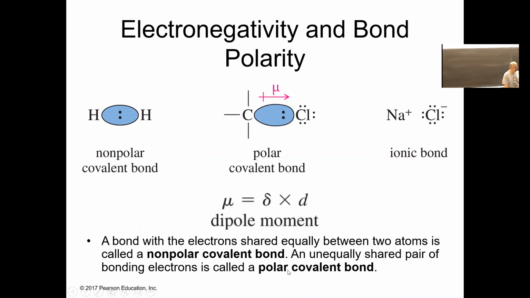A polar covalent bond is one in which there's a dipole moment, a separation of charges. In this case, with carbon and chlorine, the bond is polarized toward the chlorine. When the difference in electronegativity is so great that there is a complete transfer of an electron, then we have two fully charged particles, and that is an ionic bond.